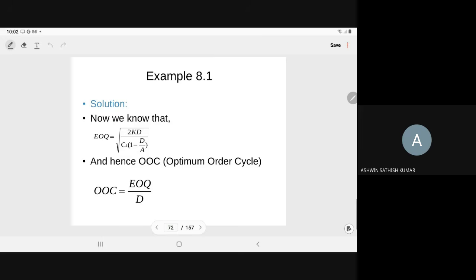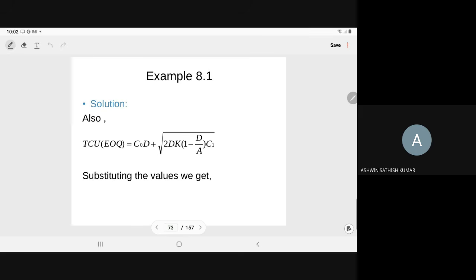For model 1, we know that EOQ is the root of 2KD upon C1 into 1 minus D upon A. And optimum order cycle, that is T naught star, is the EOQ upon demand. And TCU is this much.